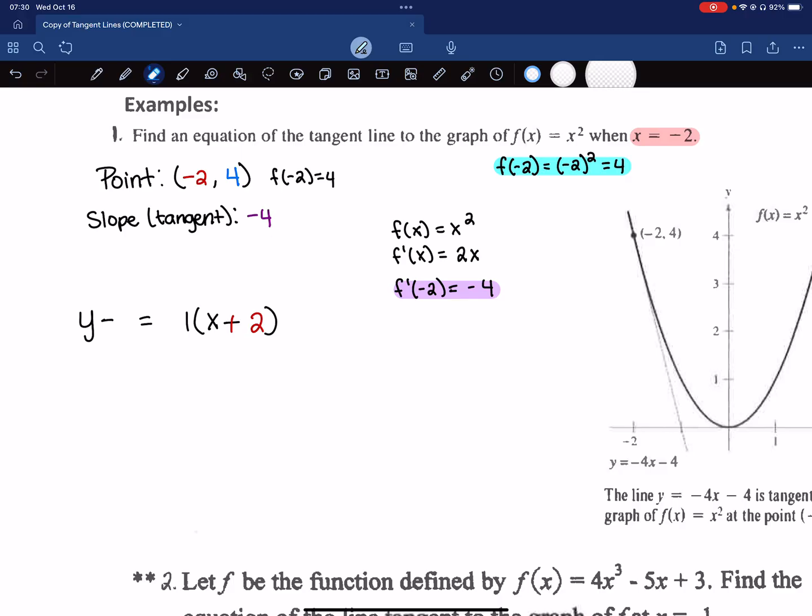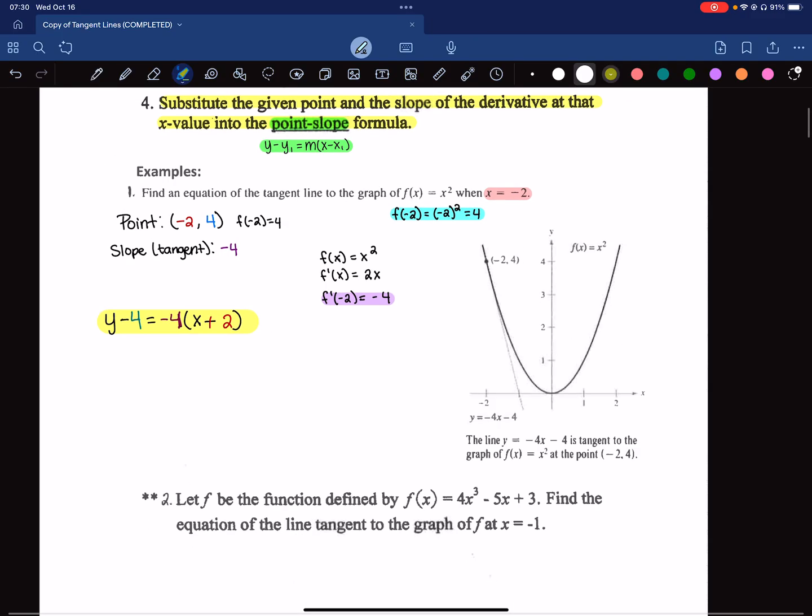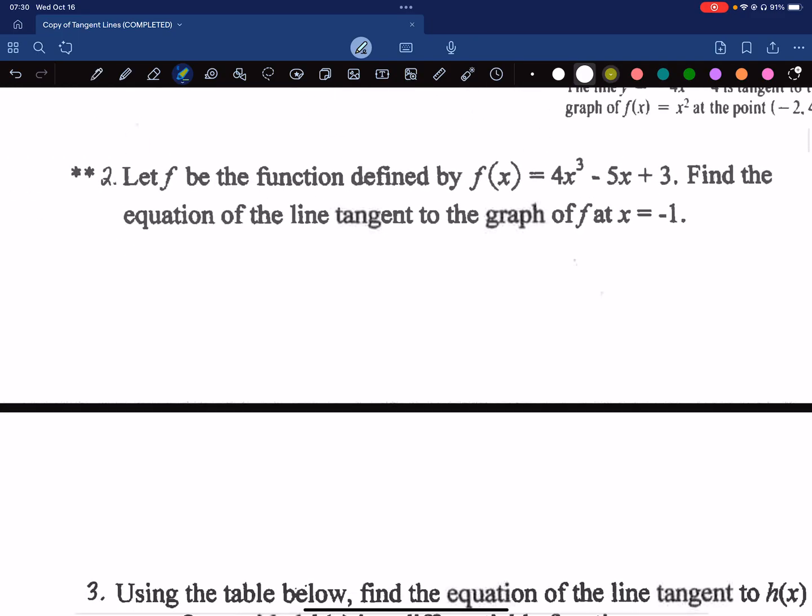And let me go ahead and color coordinate them, so you know where each of them went. There we go. Okay, and that would be the equation of the tangent line. Now, with this equation, you could solve for y if you needed to, but don't do that unless that's how answer choices are.